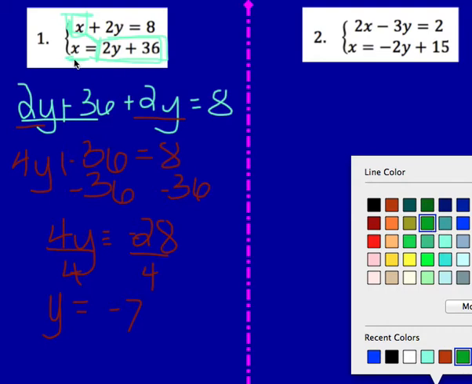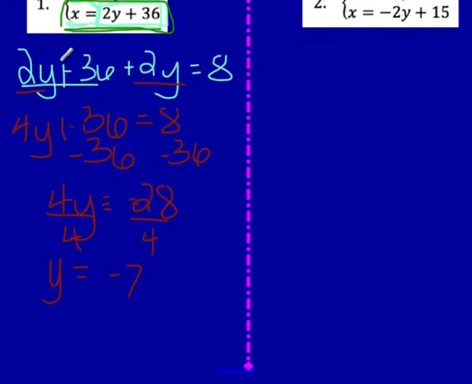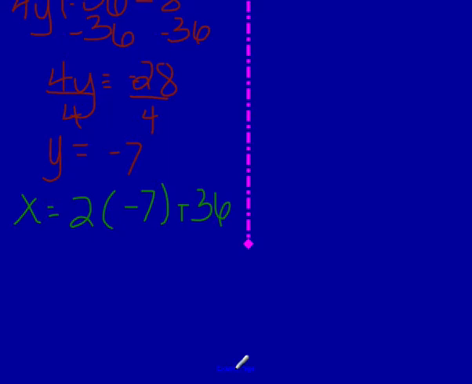So I'm going to look back at this equation up here. We know that x is equal to 2y plus 36. I'm going to take that equation and write everything out how I had it up there, except now I want to take the y out. And instead of having the y, I'm going to put in a negative 7. Everything stayed the same; all I did was take my y out.